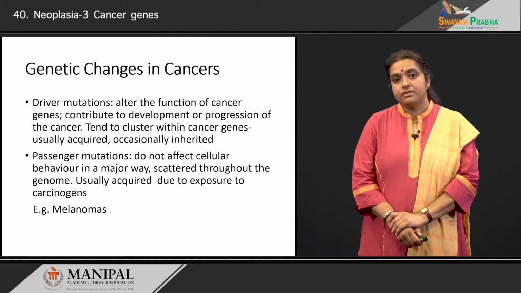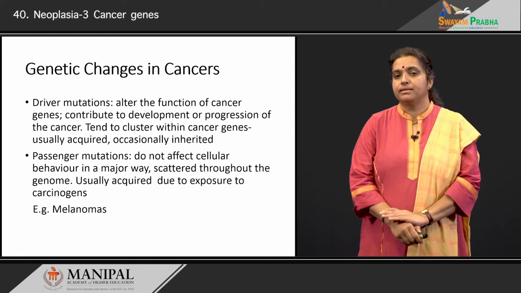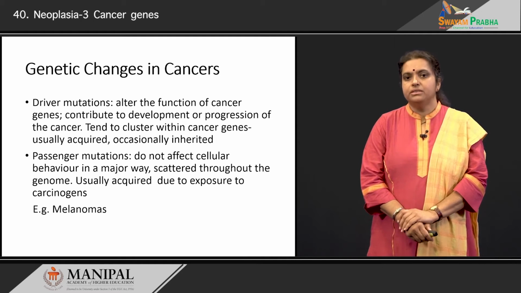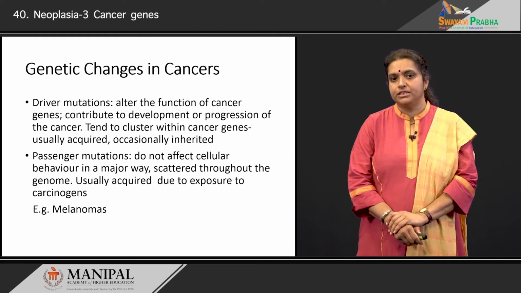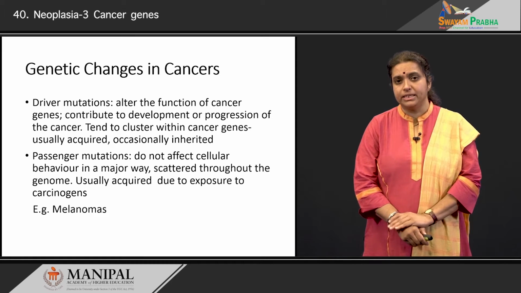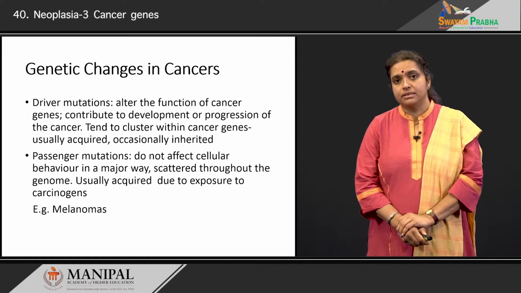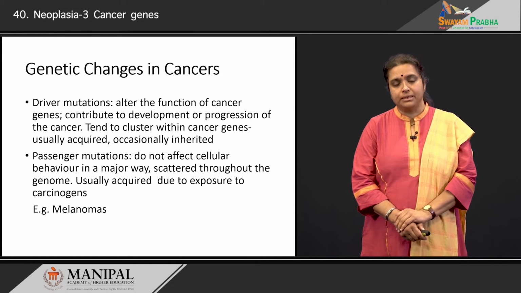The first is driver mutation. Now, these driver mutations are like the main mutations that alter the function of cancer genes and contribute to the development or progression of the cancer. So, they are the main changes, and you need those changes for the carcinogenic transformation to occur.